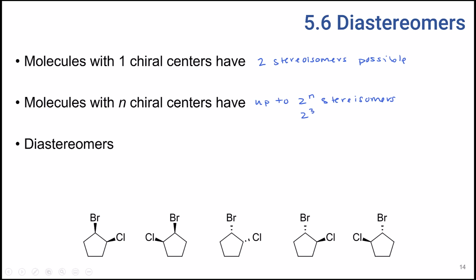I mentioned a different stereoisomer, and that one's going to be a diastereomer. These are stereoisomers that are not mirror images. And in order to have a diastereomer, you must have at least 2 chiral centers.